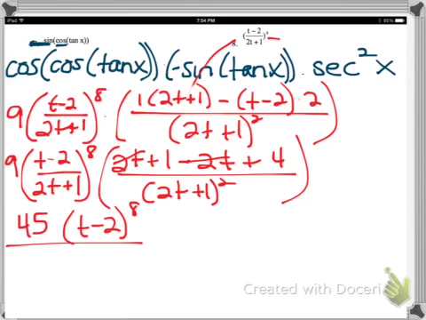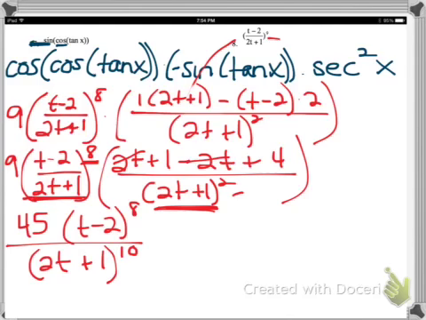That would be my numerator, and my denominator would be 2t plus 1 to the 8th times 2t plus 1 squared, which I can write as 2t plus 1 to the 10th power. So there's finally a problem where you're actually simplifying quite a bit. Okay, there's my problem. I'll stick with Christmas colors here, and there's my answer.